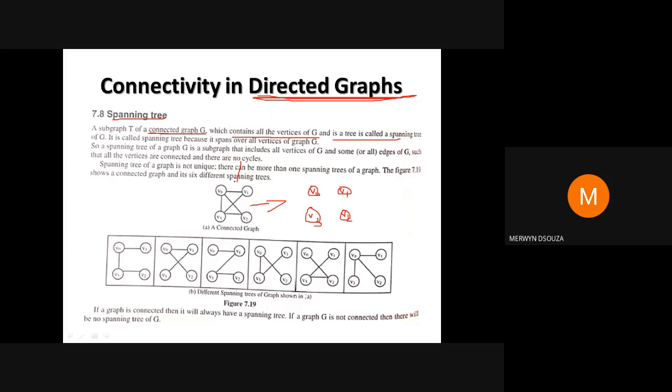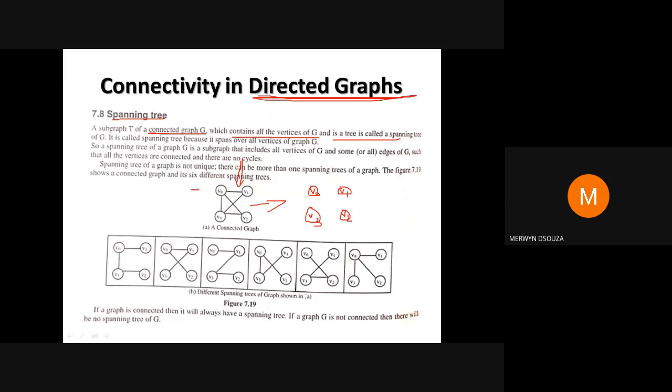You can start with any edge. You put it into the diagram that you are drawing and see whether it forms a cycle. If it forms a cycle, you're not going to include that edge. I hope you remember the definition of a cycle. Cycle means you start from a vertex and then you find a path which comes back to that same vertex.